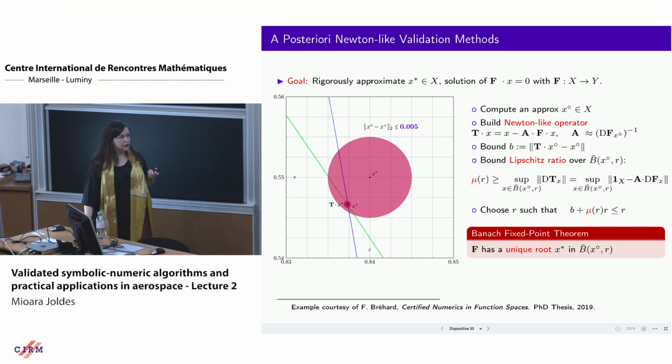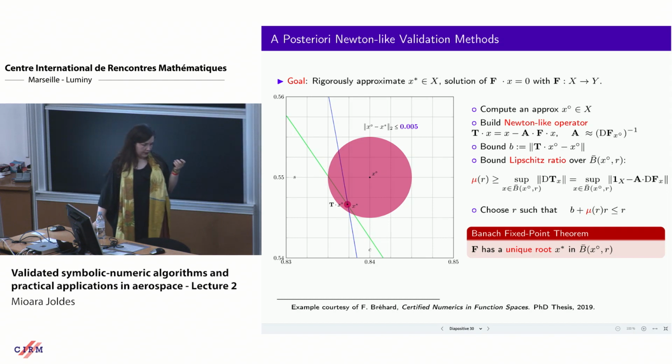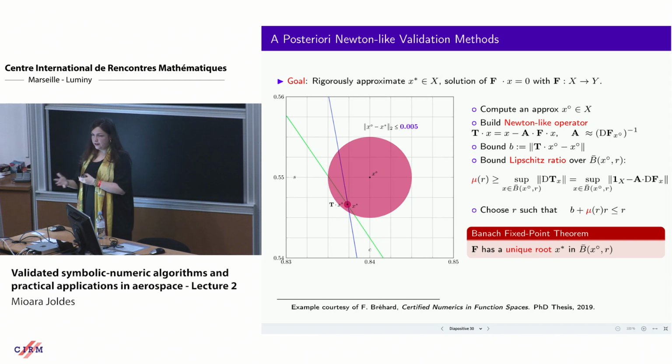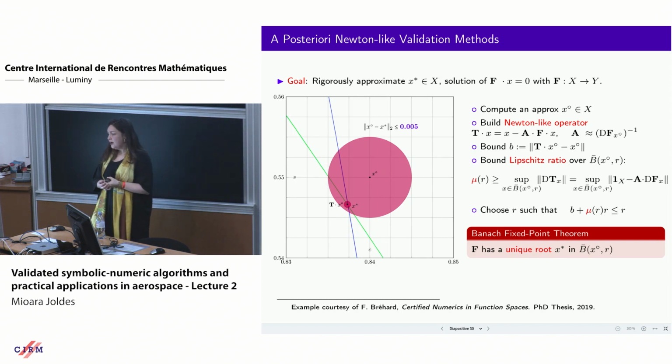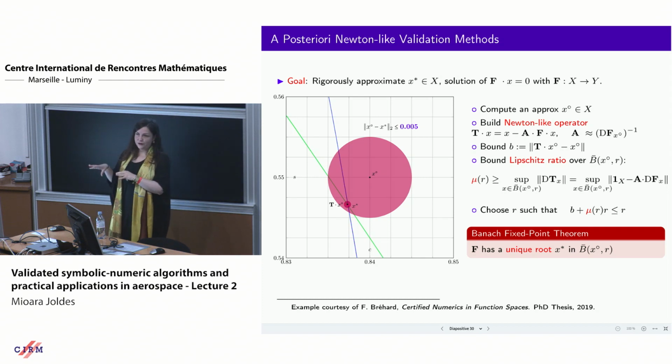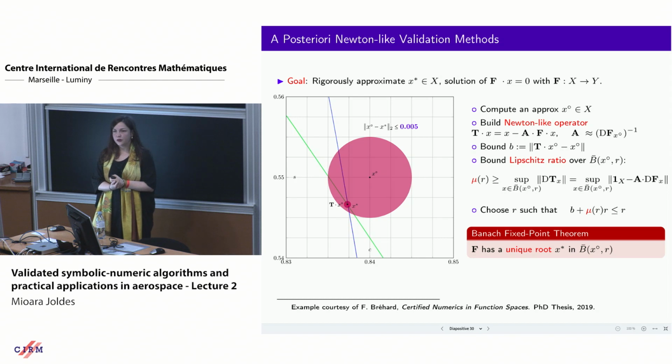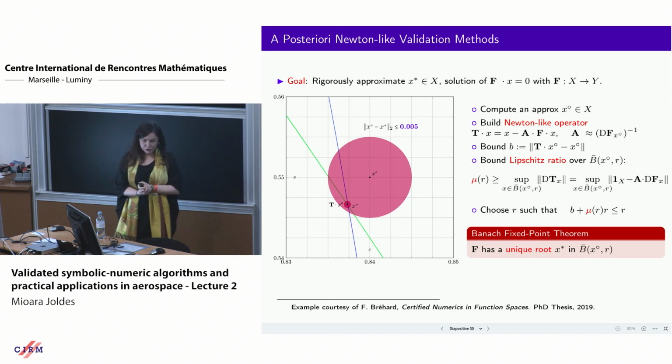So this was the case for a finite dimensional system, and we can extend this Newton-like validation method also to infinite dimensional systems by bounding very carefully the Q of the operator that we will construct, and we will try to do this in this form.